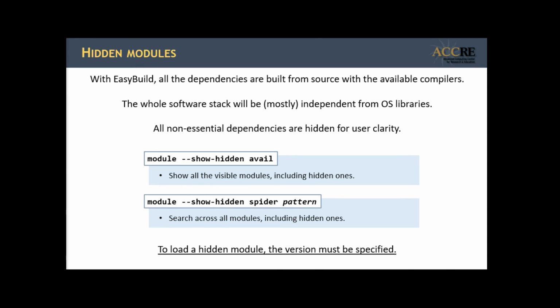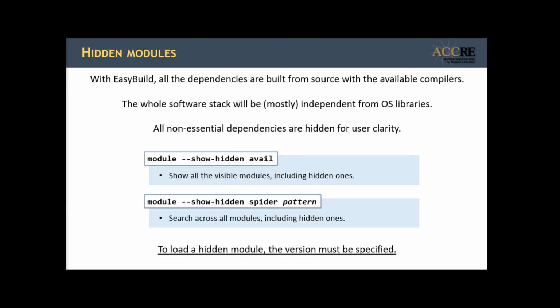So that creates a huge number of modules that would not be very helpful for you when you have to choose the software, because you will have to parse with your eyes through a huge list of modules. So in order to make the list of available modules a little more readable, most of those libraries and dependencies that are not essential for you to use directly are hidden.